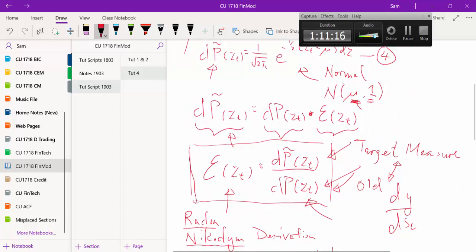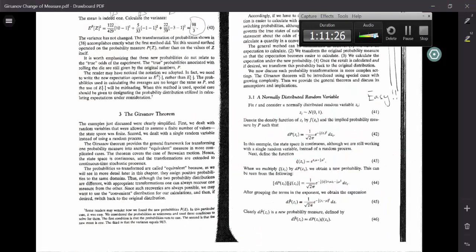And this function, ladies and gentlemen, is known as the Radon-Nikodym derivative.